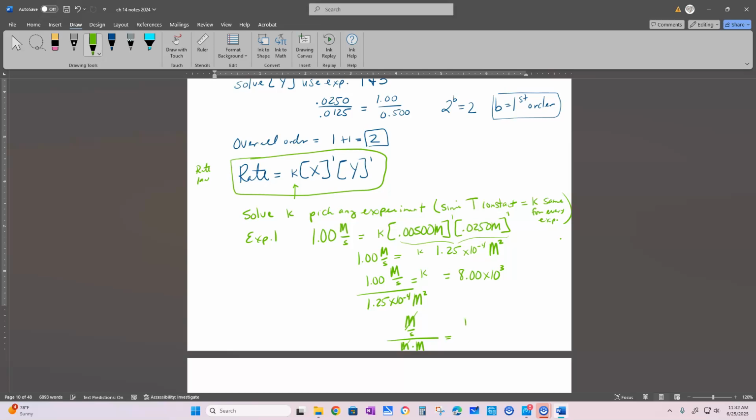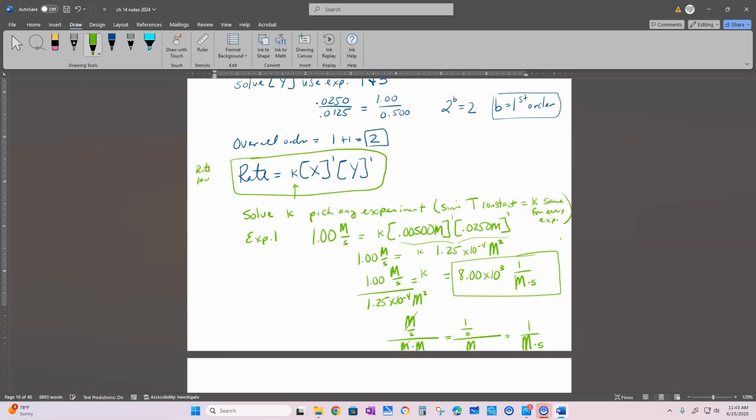Well, you have 1 over S over M. This S is in the denominator, and just like this M's in the denominator, so technically your units is 1 over M times S, okay? As I said, make sure the M and the S are different sizes. So this K's units is 1 over M times S.